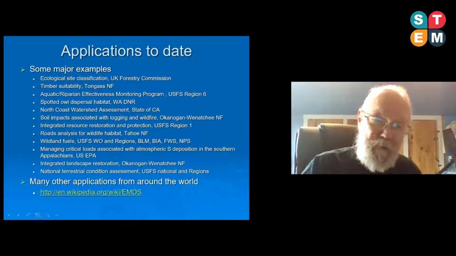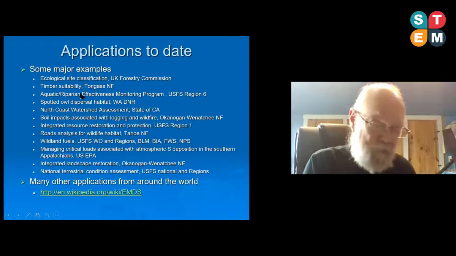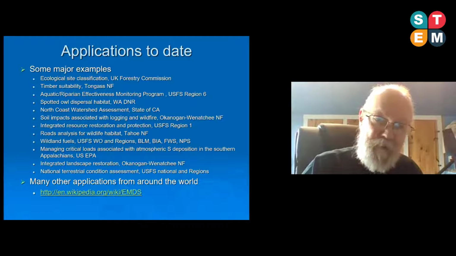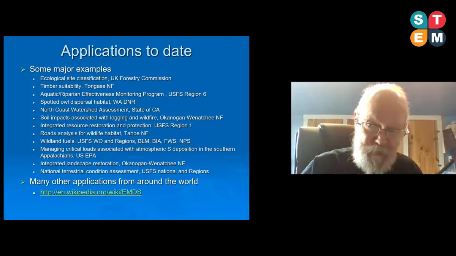I'm not going to go through all these examples. I just put this up here as a sort of reminder. There have been a lot of applications developed for many different kinds of problems at many different scales around the world using this technology, going back to the late 90s. The main thing I want to draw your attention to is at the bottom here.